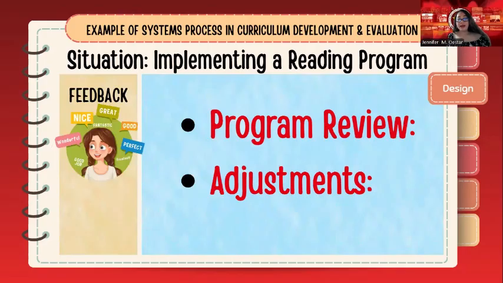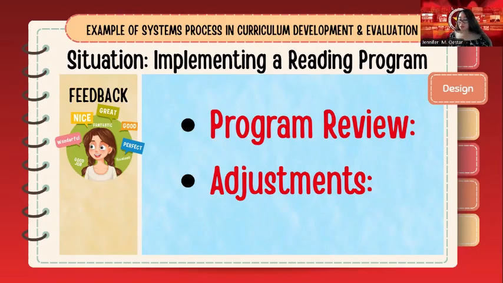Then, it is very important that in the input-process-output of our systems analysis, we have the feedback gathering. This would be for the improvement of the process of the reading program. We might have the following: program review.